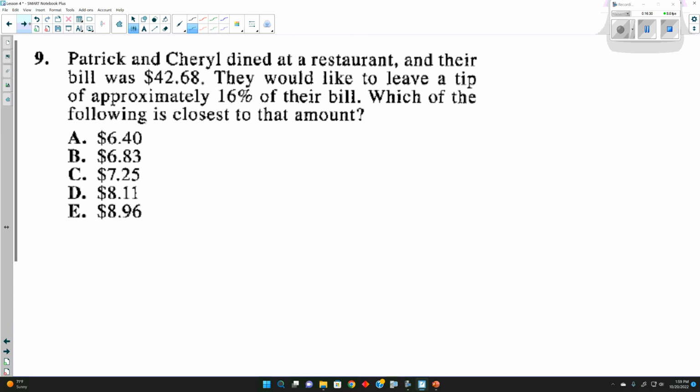Patrick and Cheryl dined at a restaurant and their bill was $42.68. They would like to leave a tip of approximately 16% of their bill. Which of the following is closest to the amount? So what can we do? Well, the 42.68 times what? 0.16.